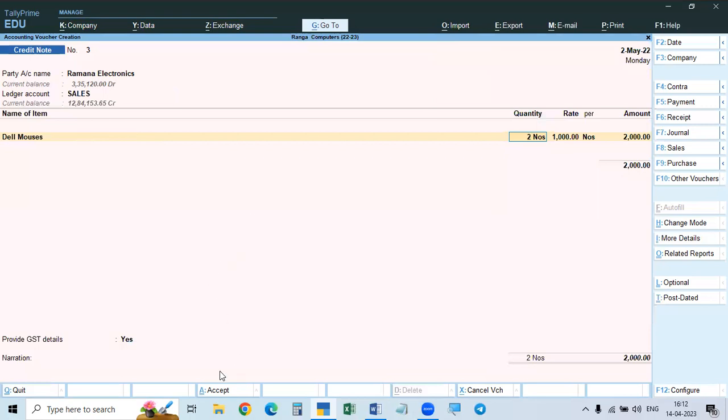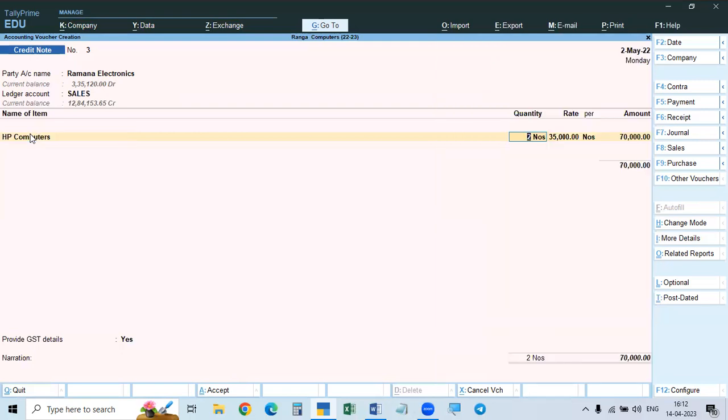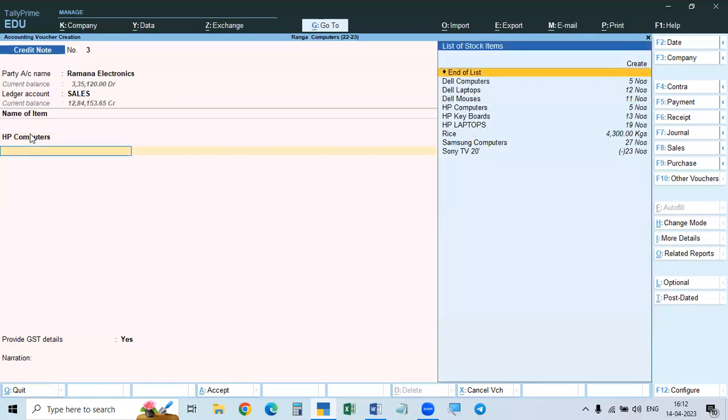Actually it is 6 only, but we entered 8, so two numbers excess we billed. So the two numbers we are reducing. Not Dell, it is HP computers, two numbers, 36,000 rupees.